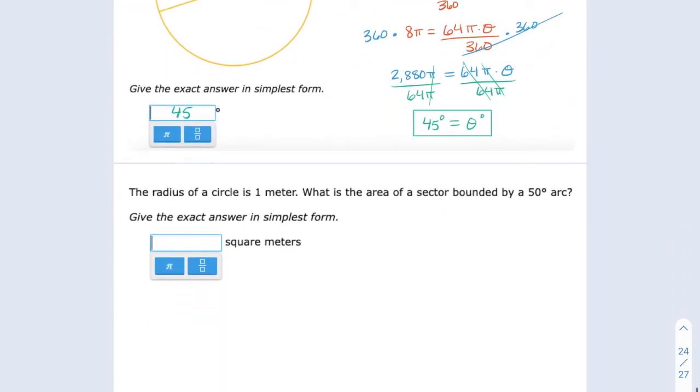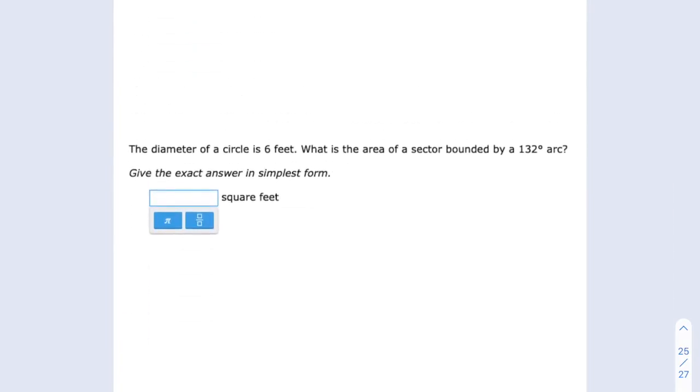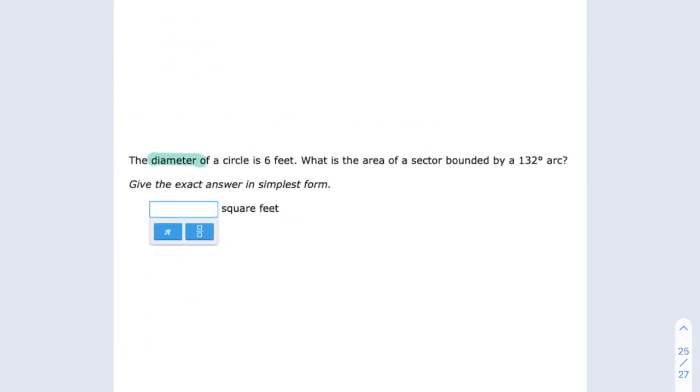We have, in green, I'm going to make the radius in green. For this one, the radius is 1 meter. For this one, the diameter is 6 feet.